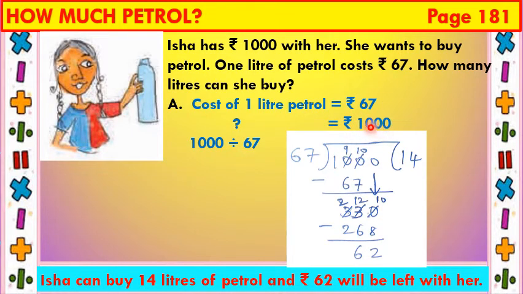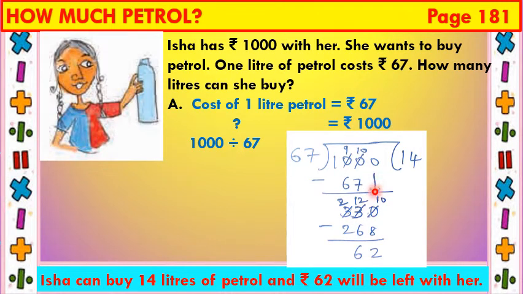Children, cross multiply and divide. So 1000 multiplied by 1 is 1000 itself, divided by 67. So here we have done 1000 divided by 67. So 67 ones is 67. Find the difference. So 100 minus 67 is 33.